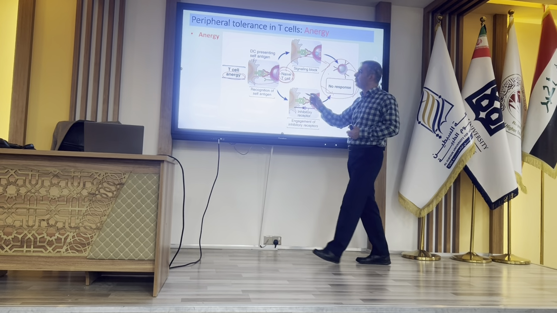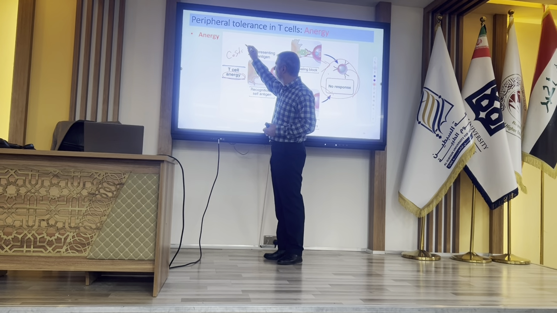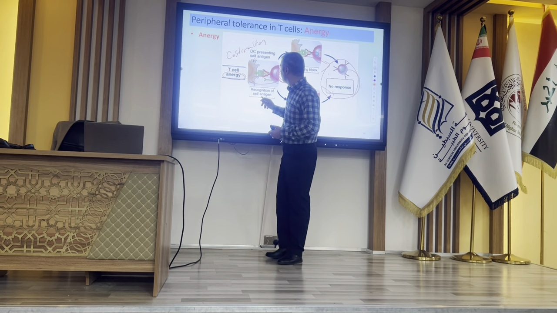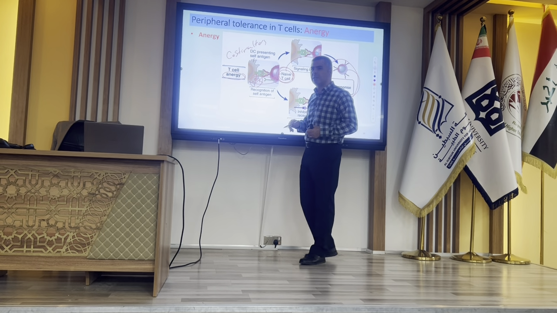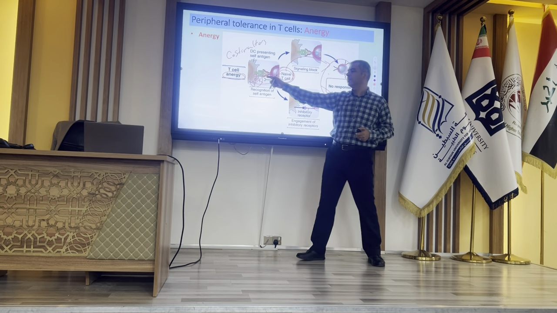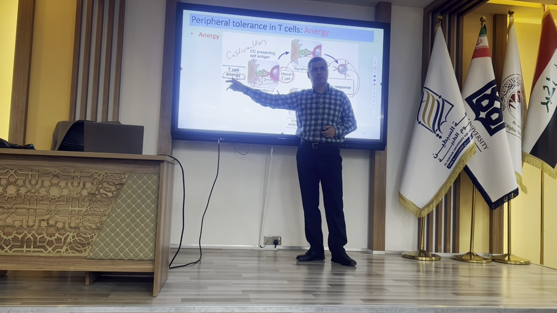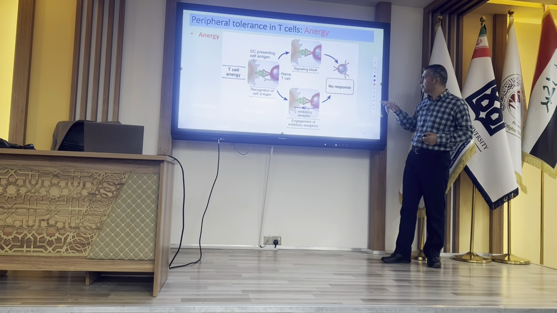So here the point is co-stimulation or co-stimulators. There is no B7 here. When there is no B7, there is no second signal. When there is no second signal, there is no immune response. It is called anergy. Okay? Clear or not? Let me ask a question.